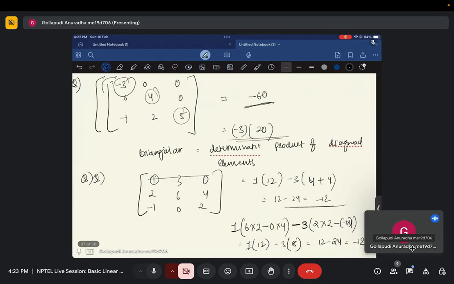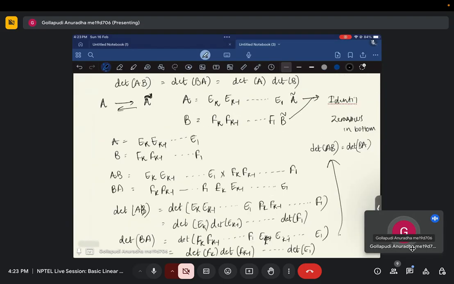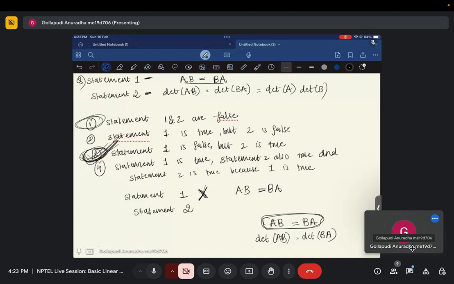But having said that, in case there is some special matrix, for example if A is an identity matrix, then you will get AB the same as BA.